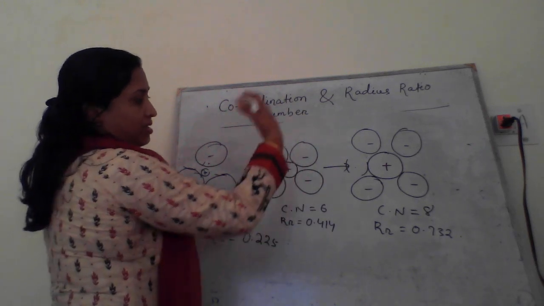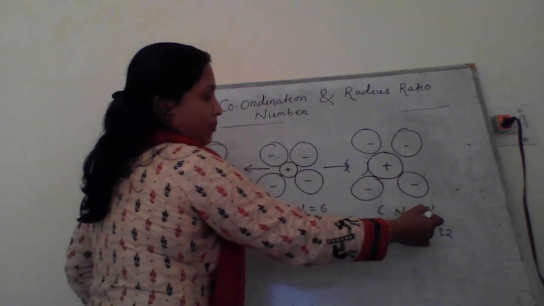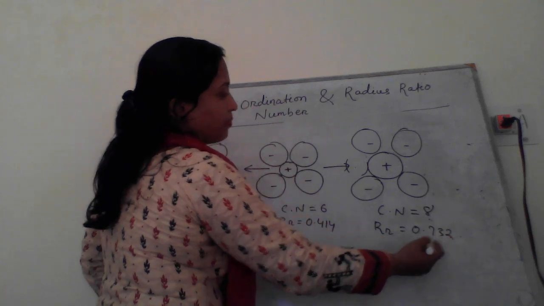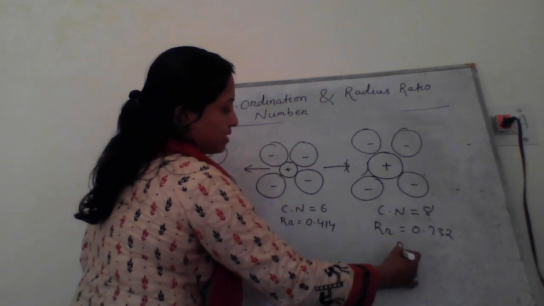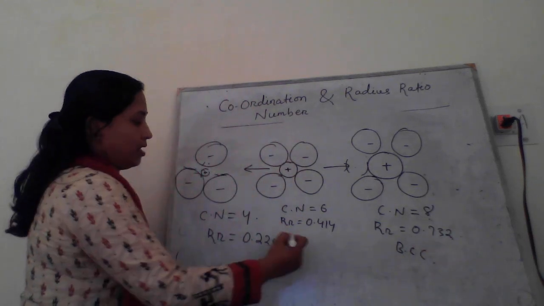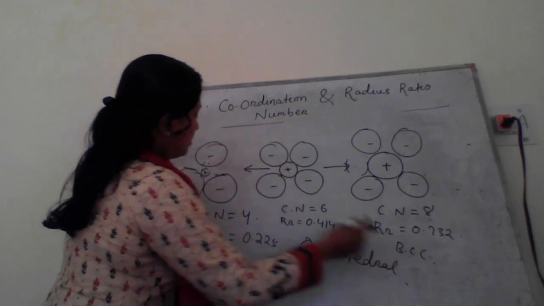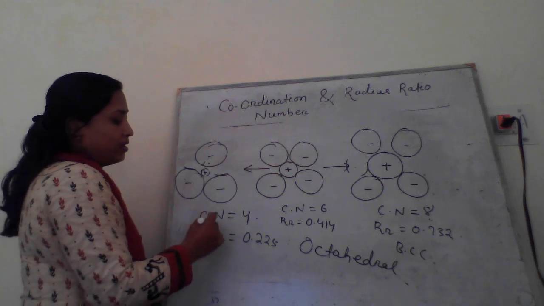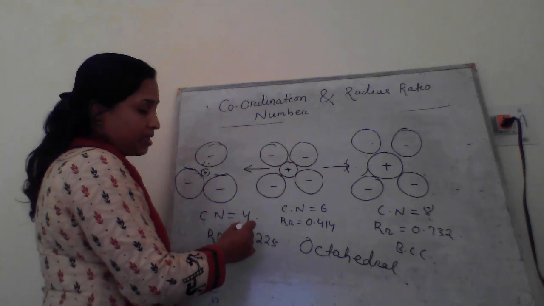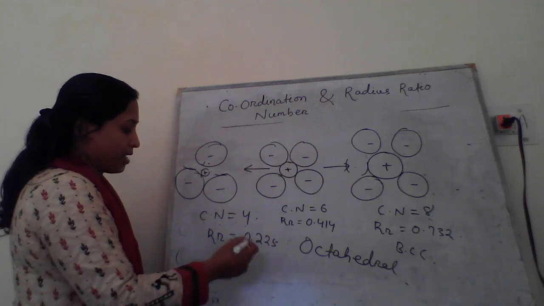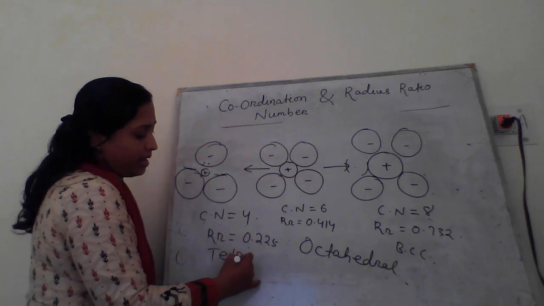If the size of the cation increases, the coordination number is 8, the radius ratio changes to 0.732, and the shape is BCC arrangement. And if the size of the cation decreases, the coordination number decreases to 4, the radius ratio value is 0.225, and the shape is tetrahedral.